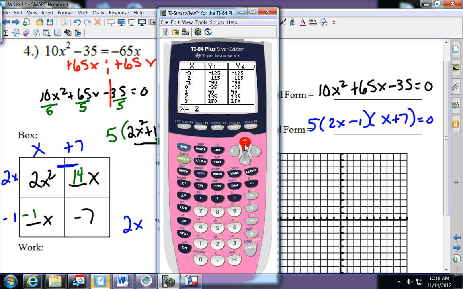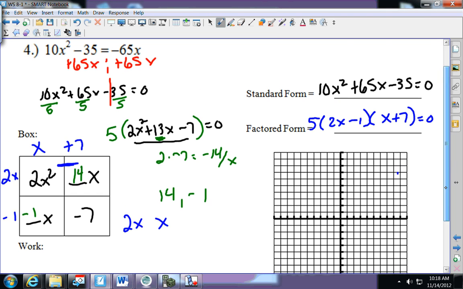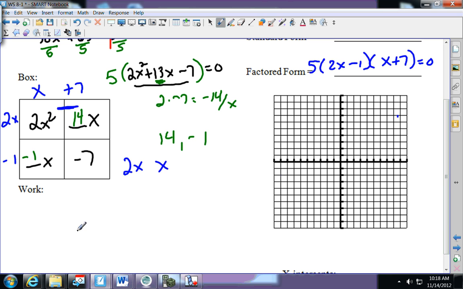Well, it doesn't look like one of them I see is negative 7. All right, so let's go down here. The other one's going to be a decimal. So to find my roots, I'm going to take 2x minus 1, set it equal to 0, x plus 7, set it equal to 0. Subtract 7 from each side, I get x equals negative 7.